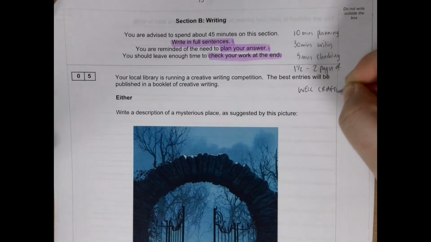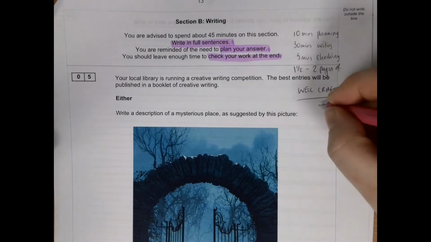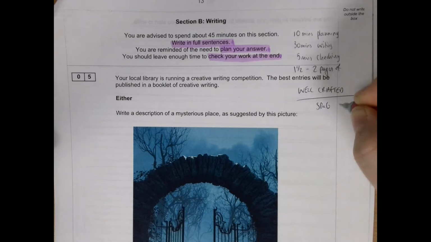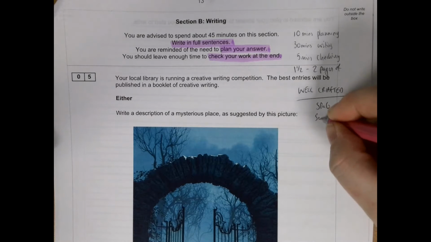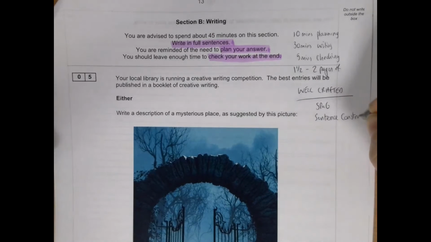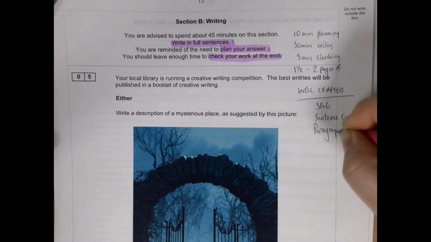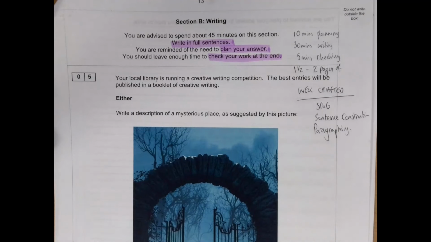Well-crafted means that you are paying attention to your spelling, your punctuation and your grammar, that you consider your sentence construction, that you play around with paragraphing structures, and that ultimately you produce something that is interesting for us to read.